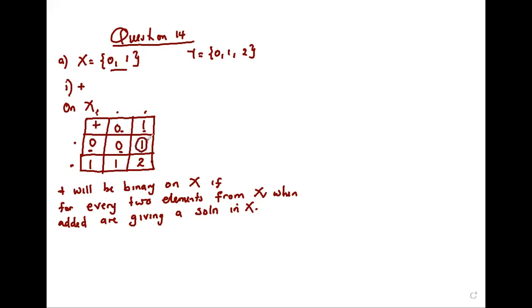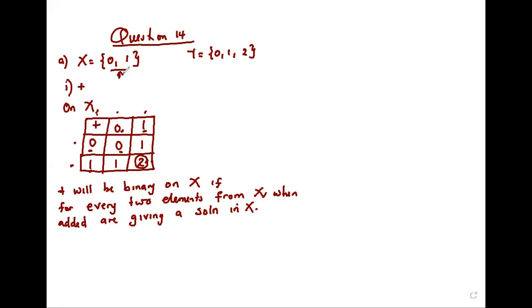Do we find 1 in X? Yes. We come to 1 and 0. When we add them, we get 1. Do we find 1 in X? Yes. Okay. We get 1 and 1. The number can repeat itself. There's no problem. When we add 1 and 1, we get 2. Is 2 in X? We don't find 2 in X.